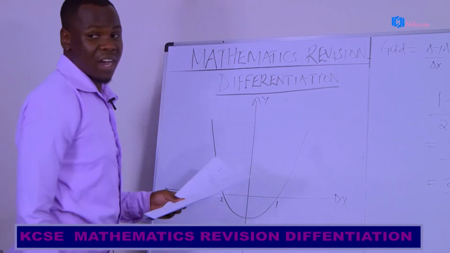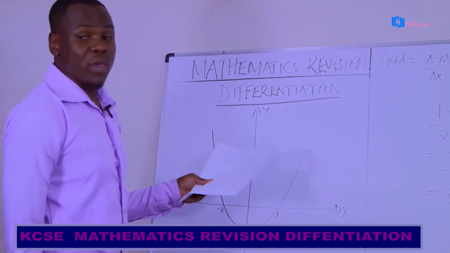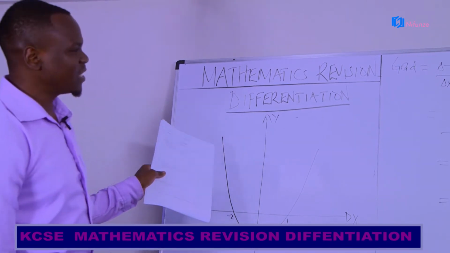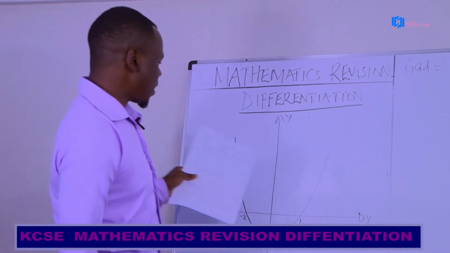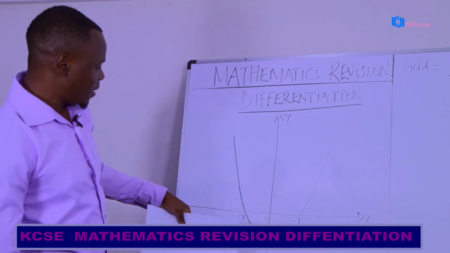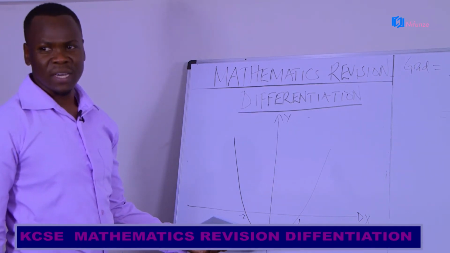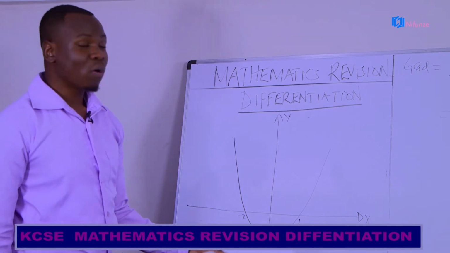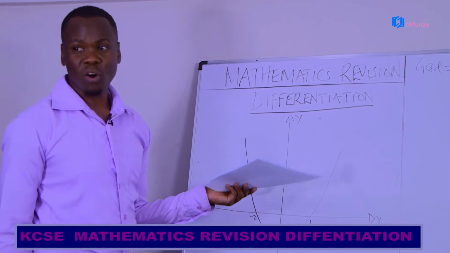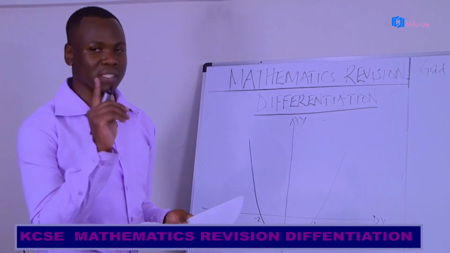So such a curve, if we are asked to find the gradient of a curve, you can see it is changing. There is somewhere it is positive, and then somewhere it is negative. There is a point where it turns, the gradient is 0. So we cannot calculate the gradient of a curve as a whole or as one number.